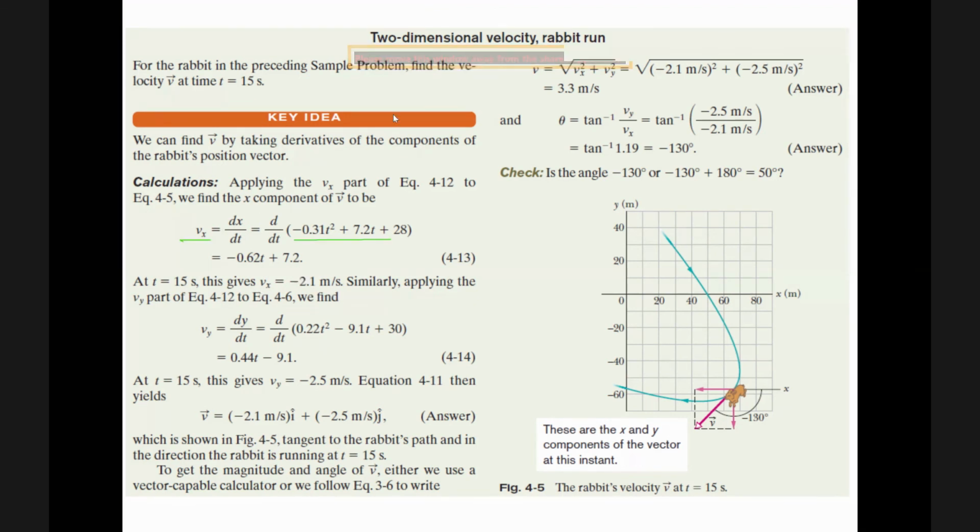This means that on this trajectory, he had an x component of minus 2.1, to the left. And he will have a y component, if you derive and substitute 15, this. Substituting 15 gives a negative value. He has a y component.